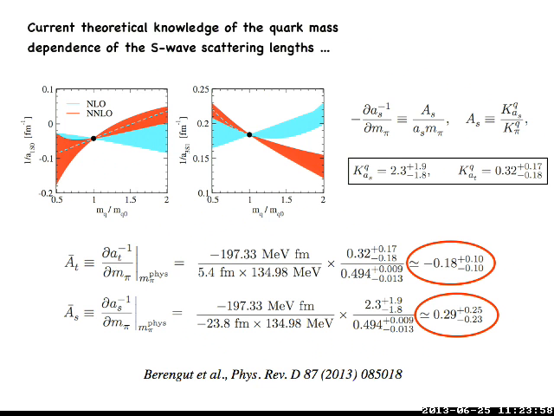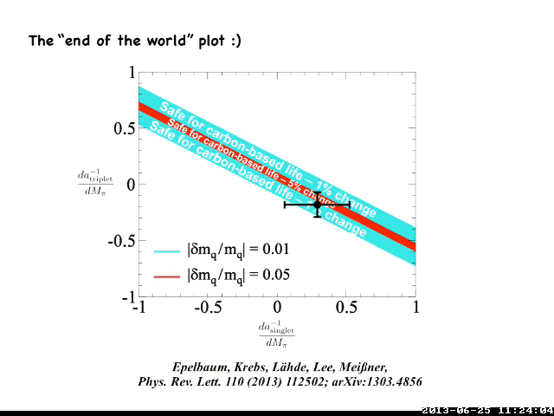But still, we can see what we get using these numbers. This is what we now call the end of the world plot. The band here is basically the constraint from our calculation.